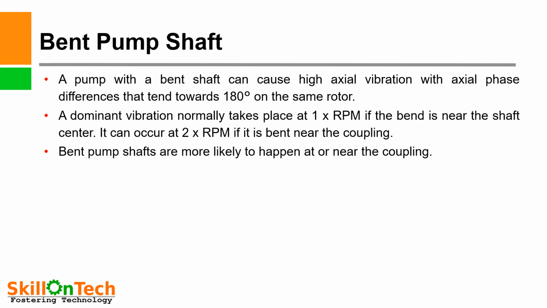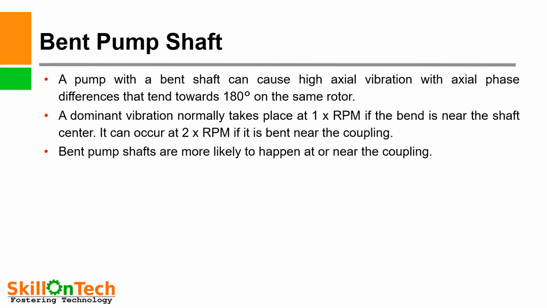Bent pump shaft. A pump with a bent shaft can cause high axial vibration with axial phase differences that tend towards 180 degrees on the same rotor. A dominant vibration normally takes place at 1x rpm if the bend is near the shaft center. It can occur at 2x rpm if it is bent near the coupling.